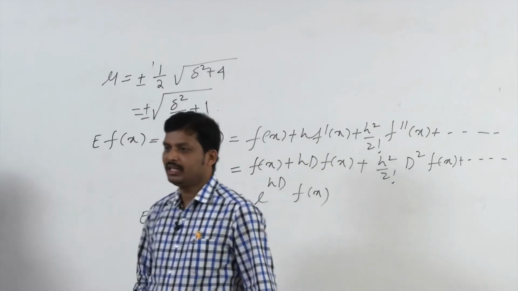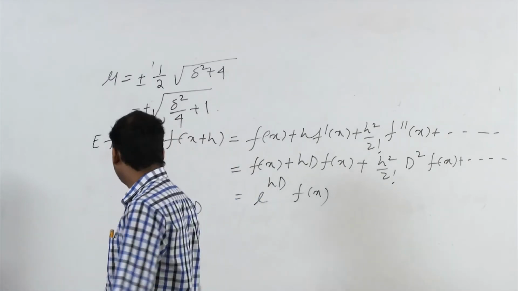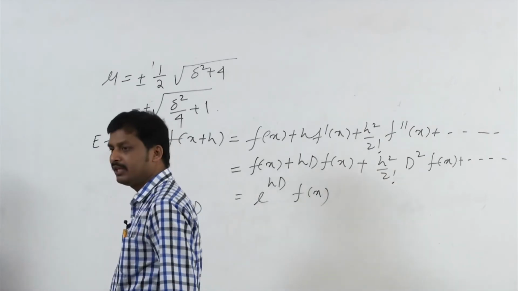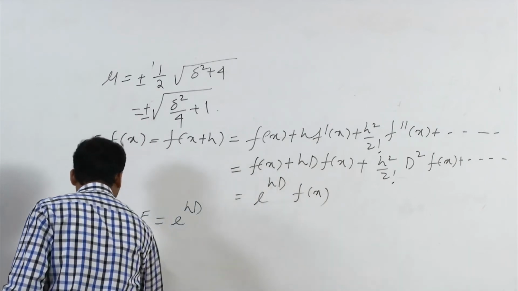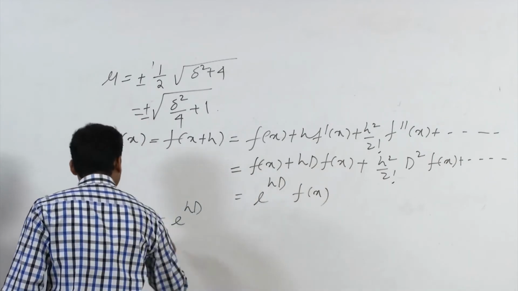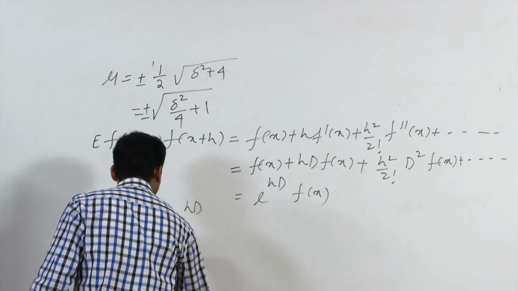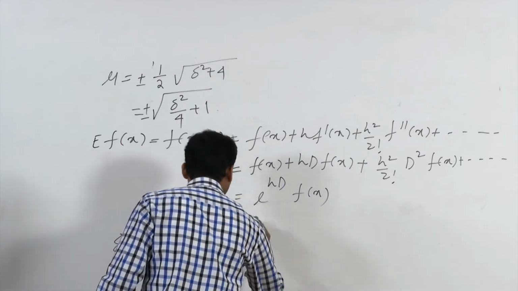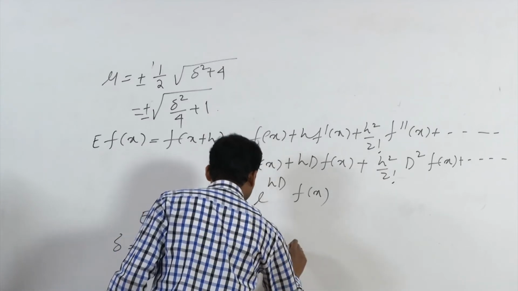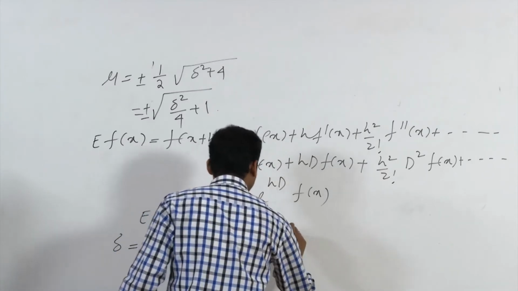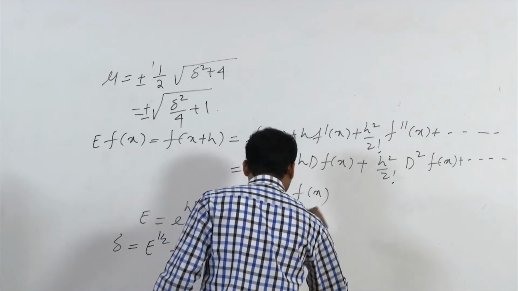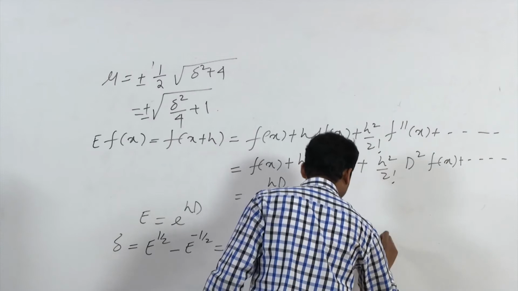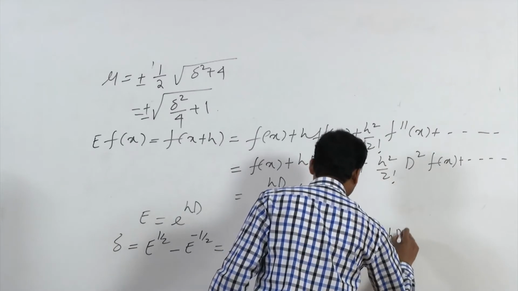Specifically, expressing the shift operator in the form of differential operators, we can express the central difference operator delta as E to the power half minus E to the power minus half, which can be written as e to the power h D by 2 minus e to the power minus h D by 2, which is 2 sinh of h D by 2.